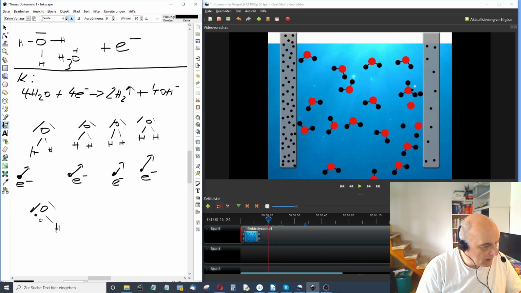The other hydrogen loses its bond, but the electron of it is kept from the oxygen. The oxygen does not give the electron back. So something happens here that is different to the first equation already.